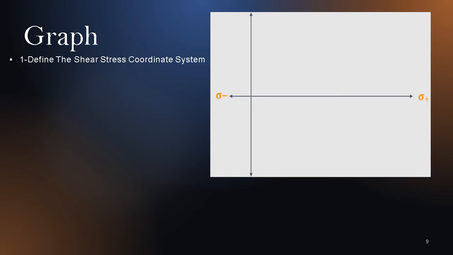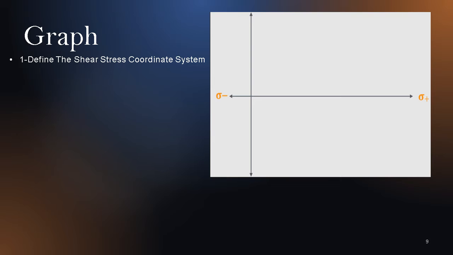Now, how to make the circle of Mohr? Number one, define the stress coordinate system for the normal and shear axes. Tensile normal stress components are plotted on the horizontal axis and are considered positive.